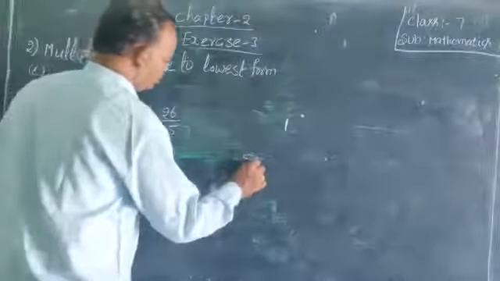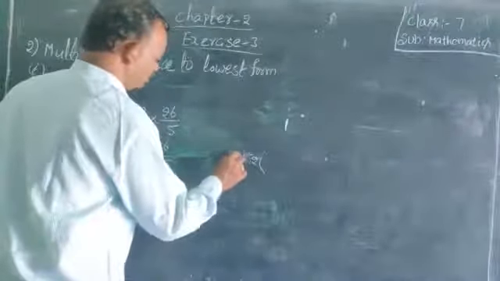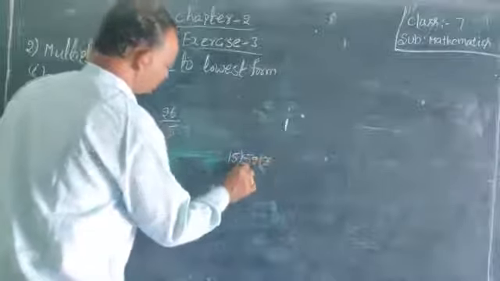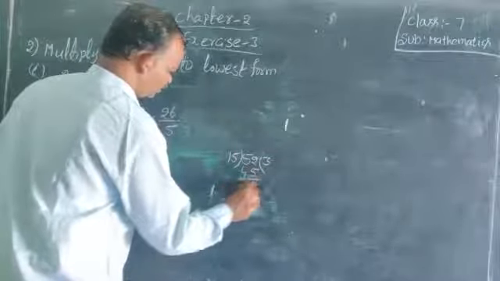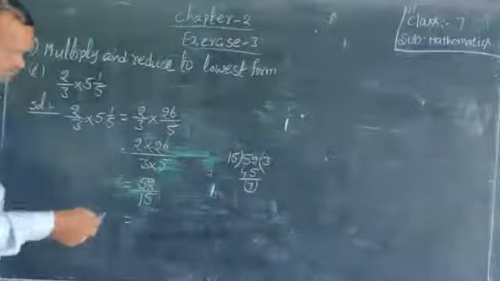So here 52 is divided by 15. 15 3s are 45. So 7 is the remainder.